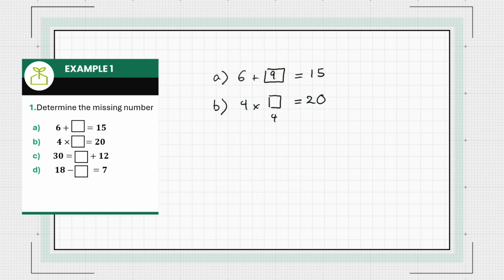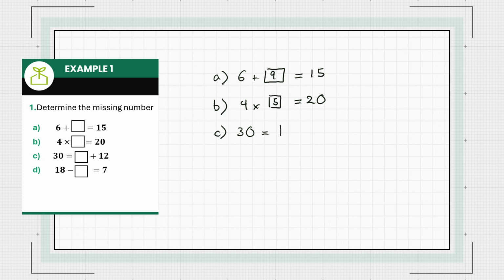Let's do 4. 4 multiplied by 4 is 16. We're getting closer, but we're not quite there. 4 multiplied by 5 is equal to 20. So the answer is 5. Trial and error is a very simple process where you're just assessing if you need to increase the number or lower it.